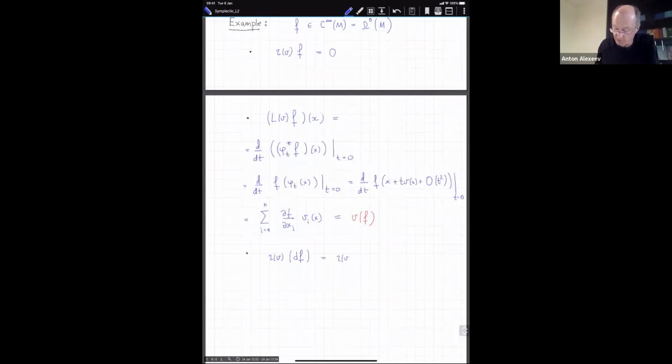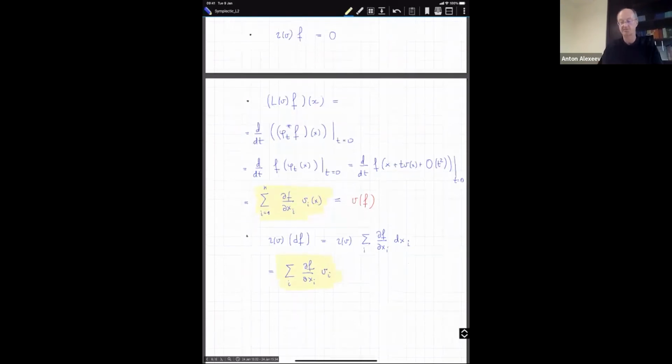So this is iota of v of the sum over i of df over dx_i dx_i. And this is equal to the sum over i of df over dx_i times v^i. So note that these two things coincide.